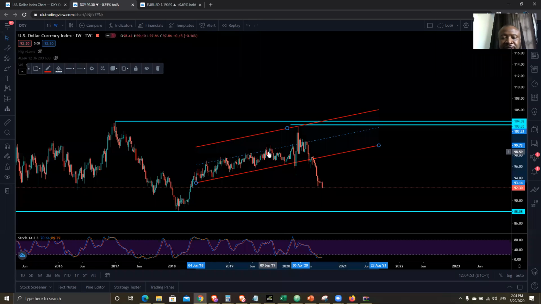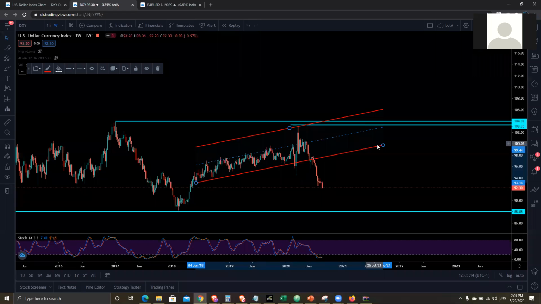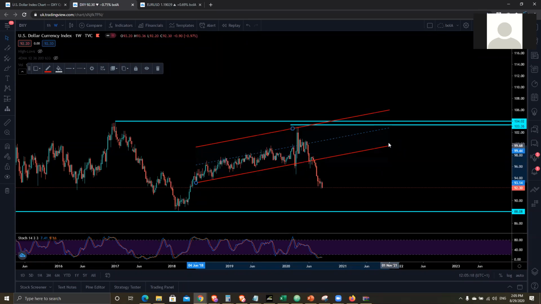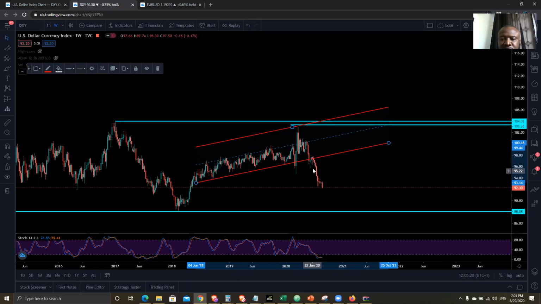So this structure is hiding itself under the channel lower band. Suddenly we go to the channel upper band and then we start to see the sell-off. We broke the channel, right? Even if we have to say that this aberration that we see over here, so we've broken this channel.